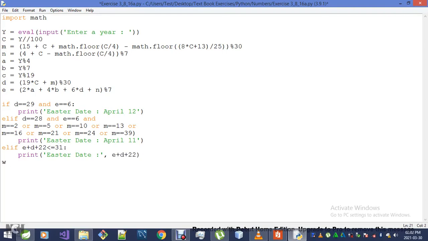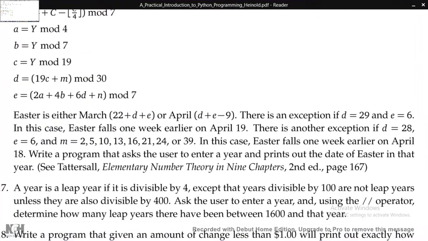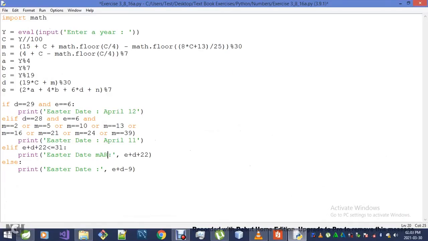Otherwise, minus 9. So it's going to be March or April.